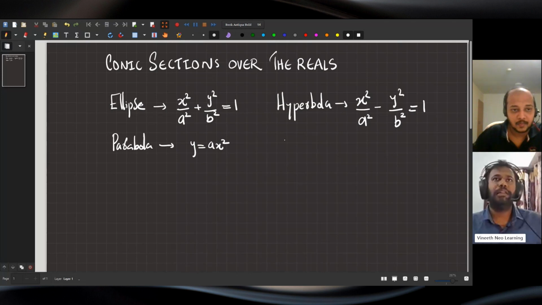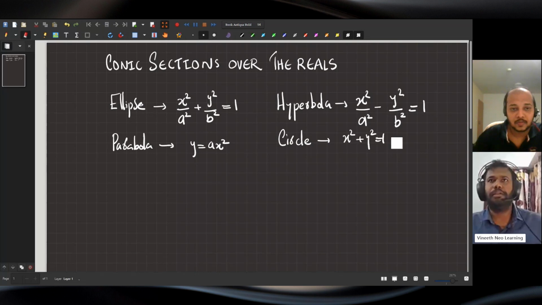Then we have the circle, which is in fact an ellipse with a and b equal to r. So we get x squared plus y squared equal to 1. This is a unit circle, meaning the radius is unity.